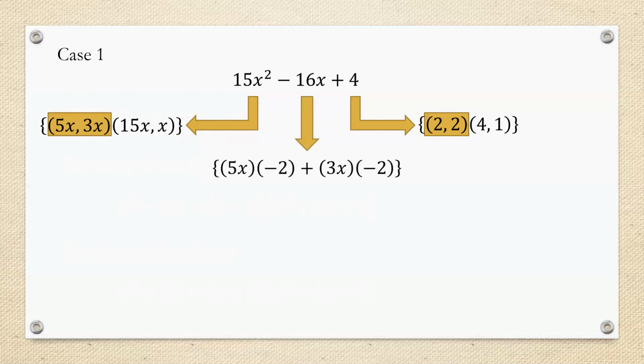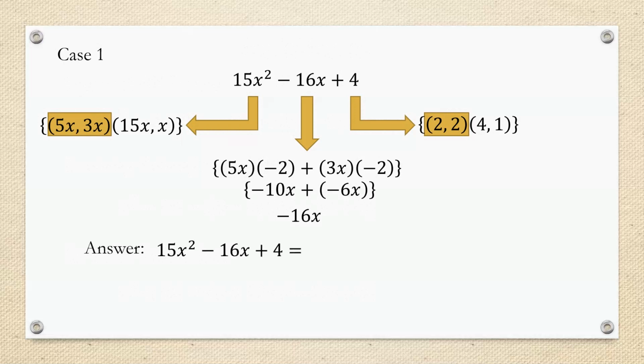So ang gagawin ko lang is ganyan: 5x minus 2, 3x minus 2. Okay? Naintindihan nyo na. So ang ginawa ko, that is negative 10x plus negative 6x, and then that is negative 16x. So, alam ko na kung saan nanggaling ang 16x. So, ang tanong dyan, ano ba yung magiging factors natin? Alright?